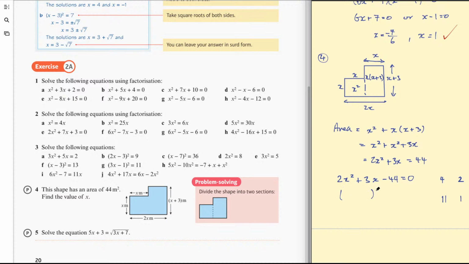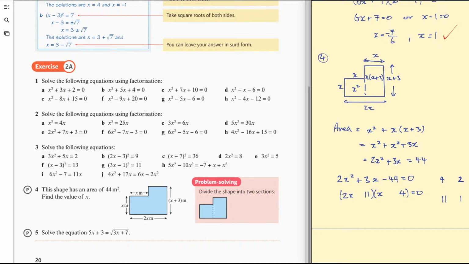So I'm going to factorize this to the first terms are 2x and x, and the last terms are, we need to multiply the 2 by 4, so the 4 goes on the end, the 11 goes at the end of this one, and then think of the sign, so we need a positive 8 and a negative 11. Sorry, the other way around.